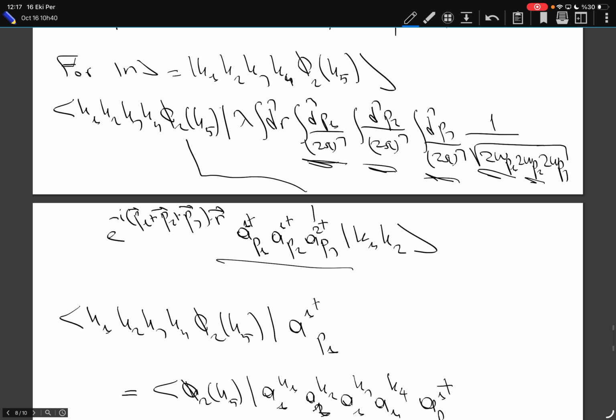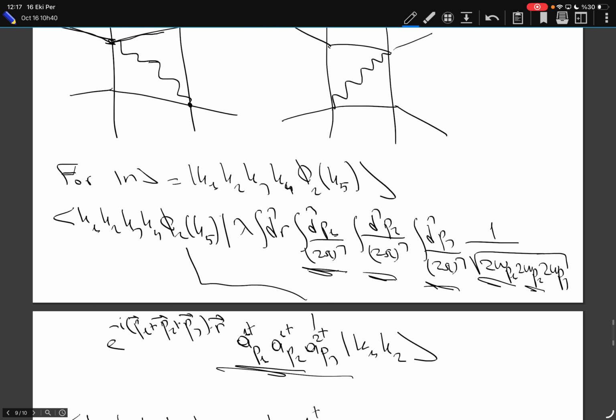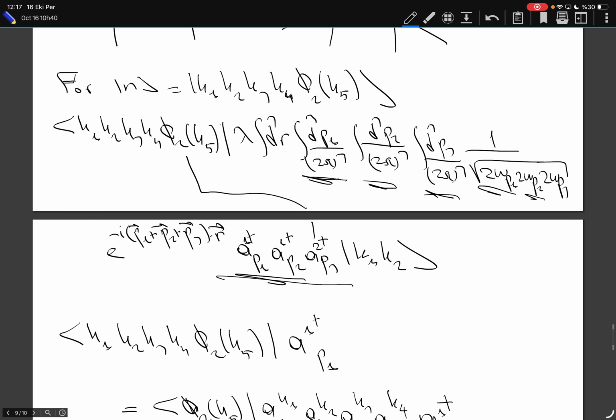I don't have any other option. Well, for these fields P1 and P2, there are various ways I can contract, but remember, this P1 and P2 I can contract like this. That is one option. Then I have the states K1, K2, matrix element with K1, K2. Great, that is non-zero.